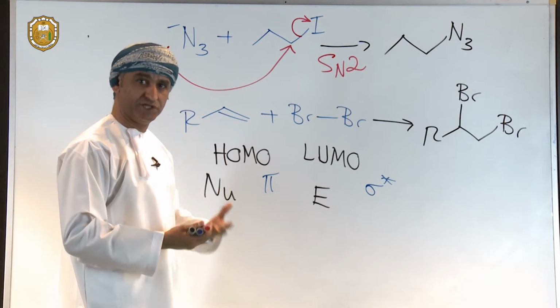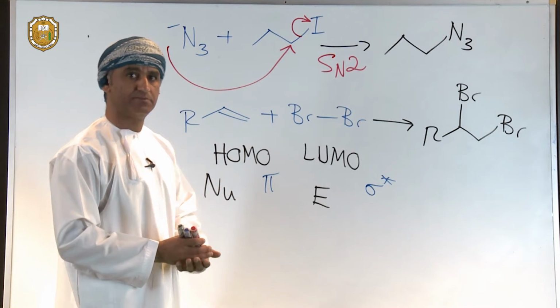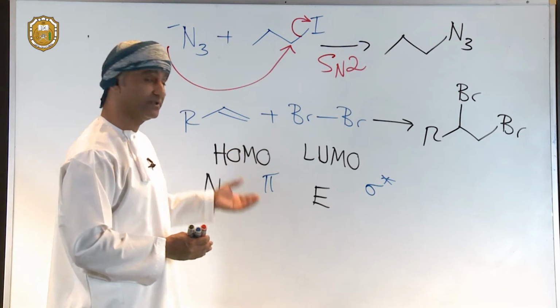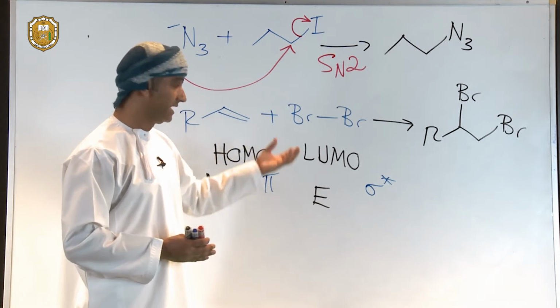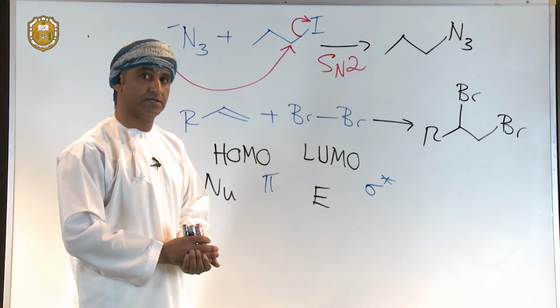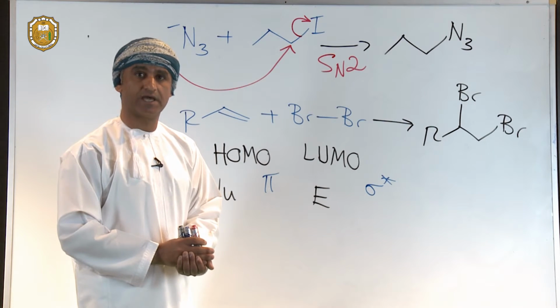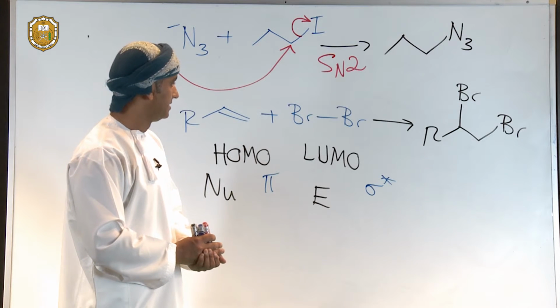This is a typical example of an addition reaction, specifically electrophilic addition to alkenes, because the halogen adds to the carbon-carbon double bond.